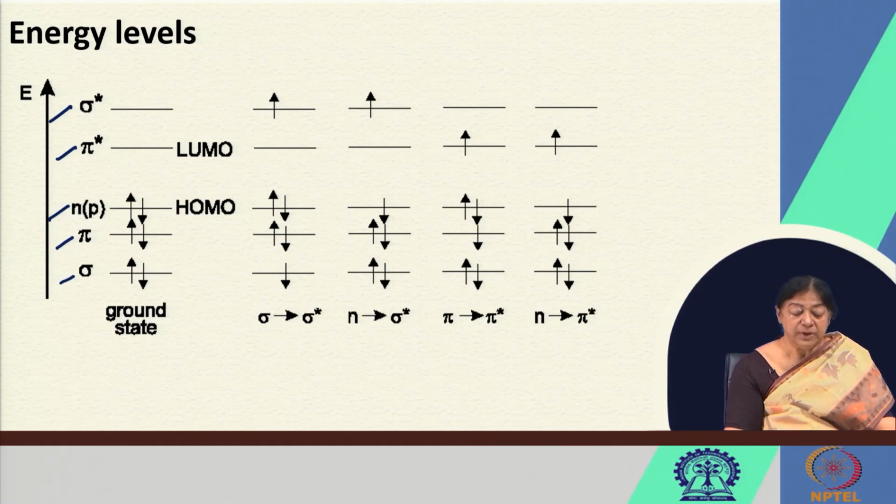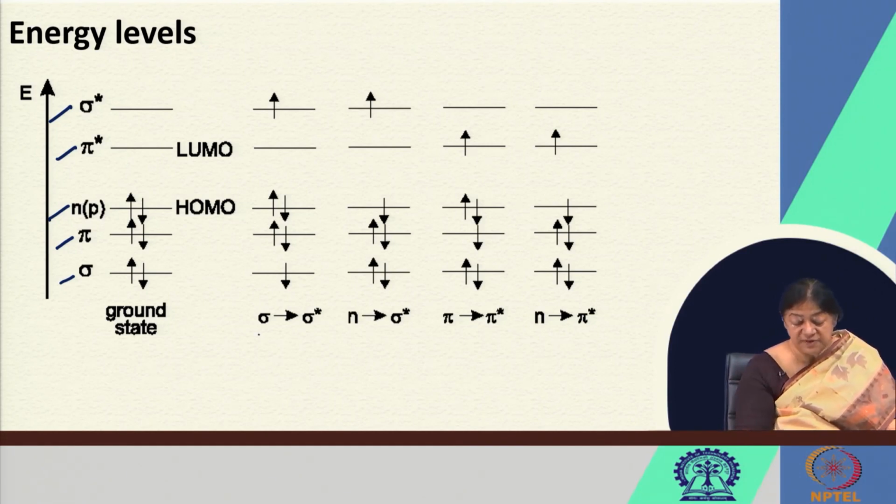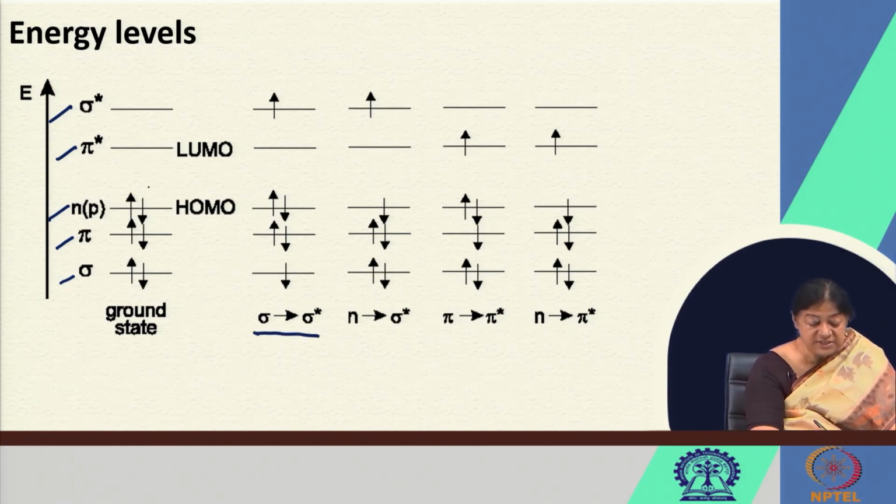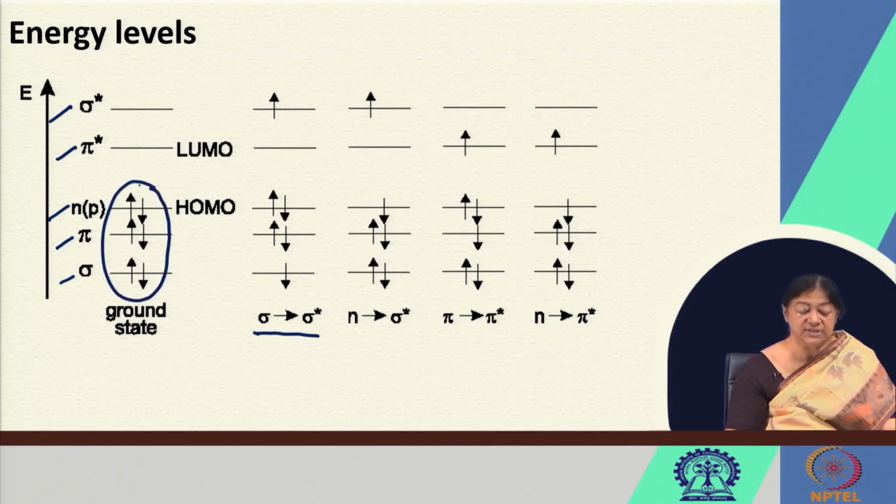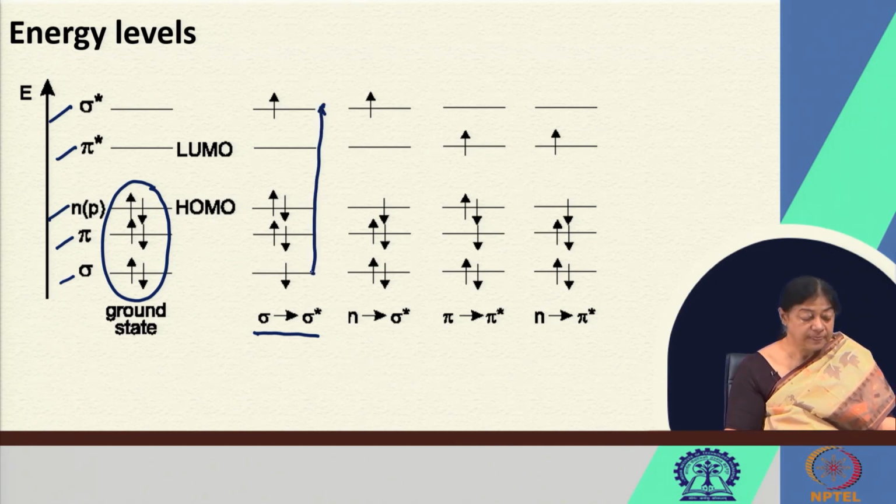Now, based on a transition, what do we have in the first transition here? Sigma to sigma star. That means that if this is our ground state where we have all our electrons sitting in the sigma, pi and non-bonding, what is going to happen when we have a sigma to sigma star transition? It means that this is our energy jump.